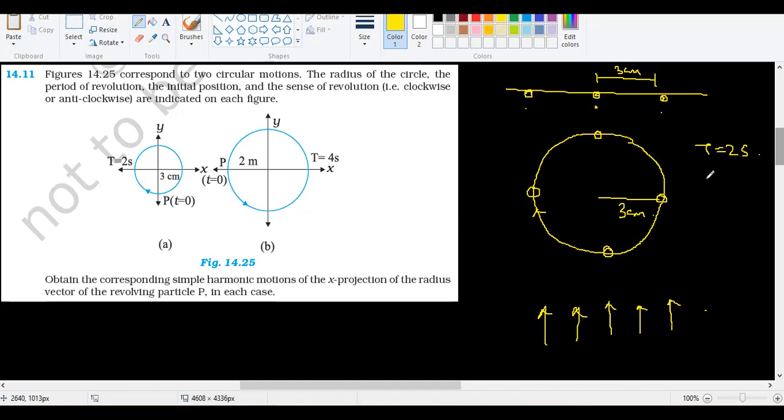So if I say time period is 2 seconds, I can say omega is equal to 2 pi by T. 2 cancels, so omega will be pi. So I know the amplitude, A is equal to 3 centimeter. I know the omega is pi.